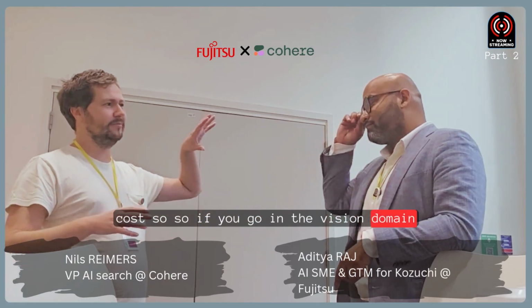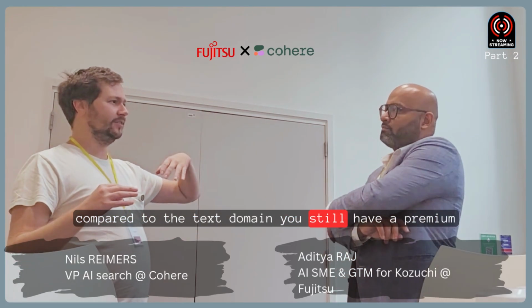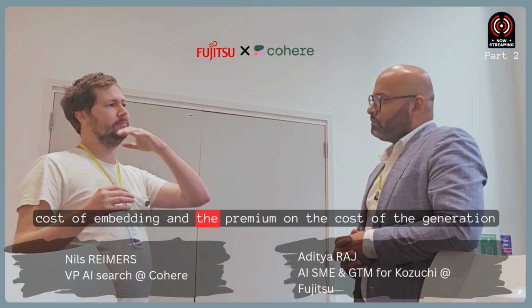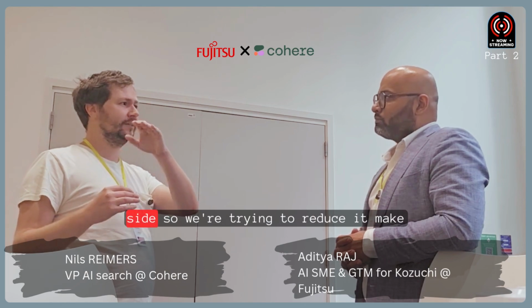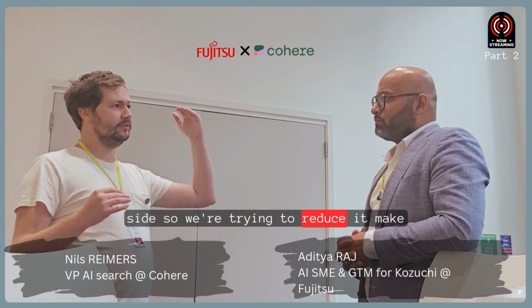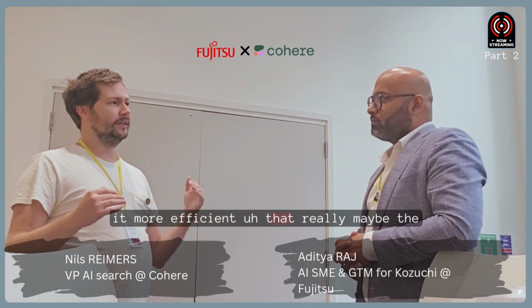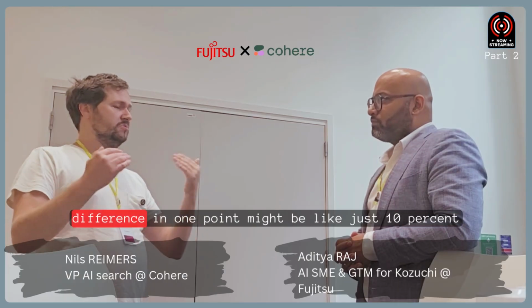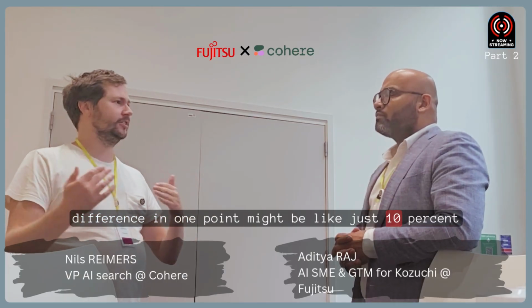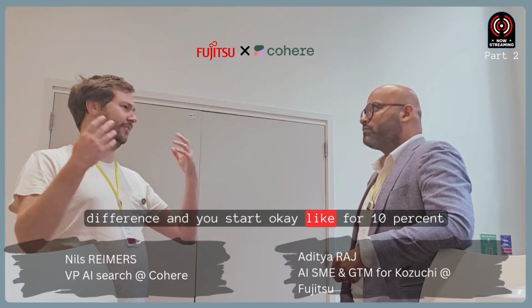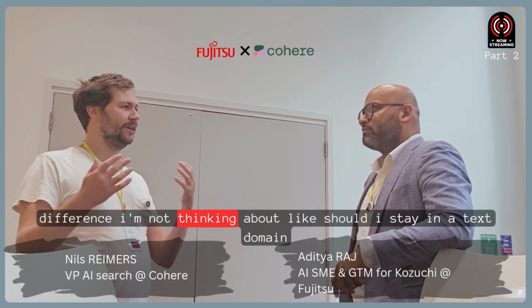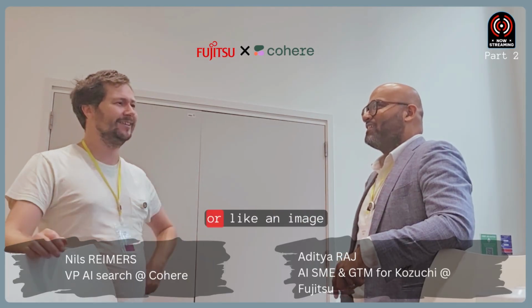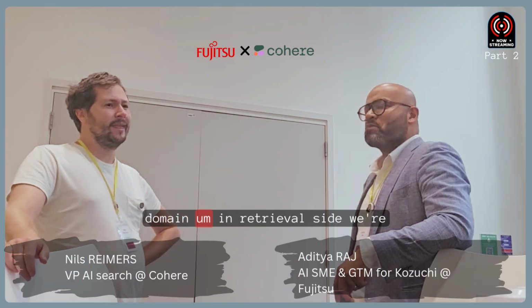If you go in the vision domain compared to the text domain, you still have a premium on the cost of embedding and a premium on the cost of generation. So we're trying to reduce it and make it more efficient. Maybe the difference in one point might be just 10%, and for a 10% difference, you're not thinking about whether to stay in a text domain or an image domain.